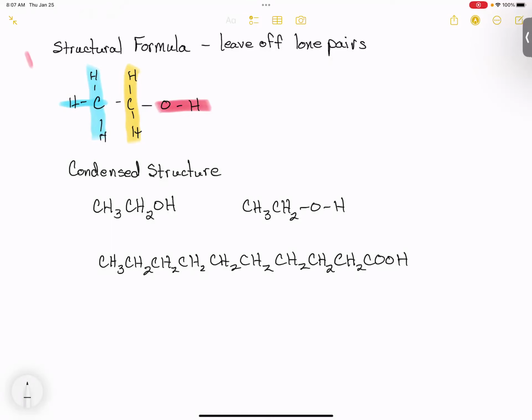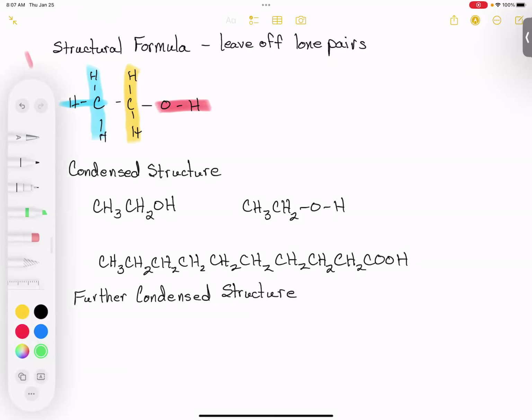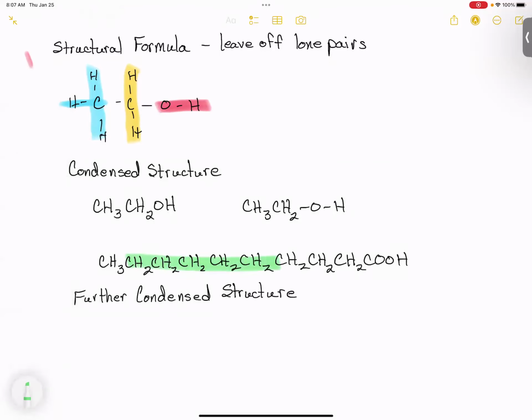Now, I will say when we get to these slightly longer molecules, we can do a further condensed structure. If I can spell, it would be nice. What we do with further condensed structures is we take all these CH2s and condense them further. All those CH2s are absolutely identical.